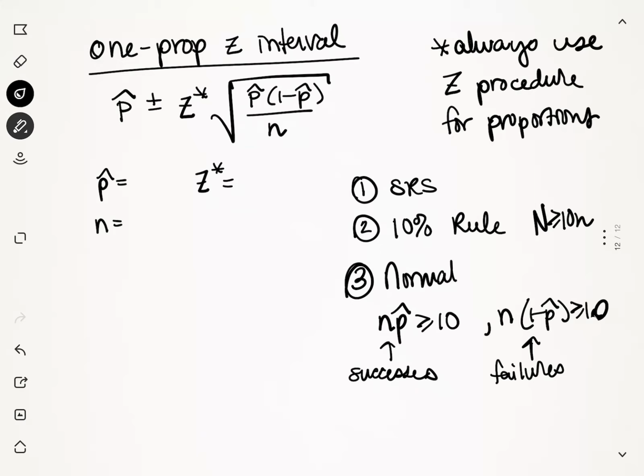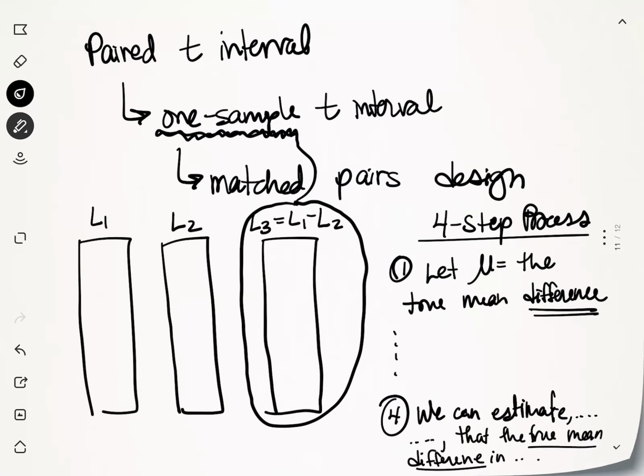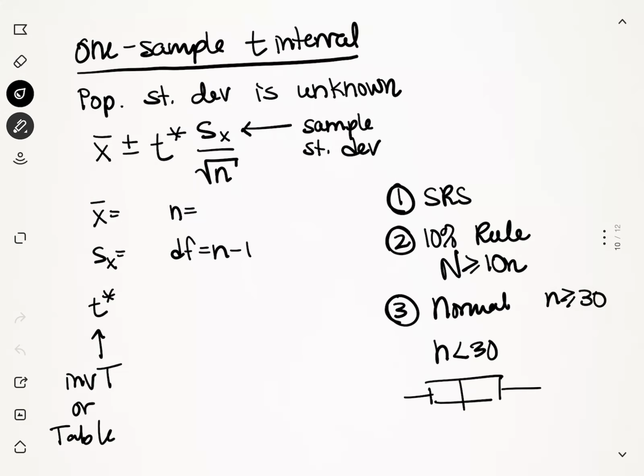When we check condition 3 here, if this condition is not met, like say for instance our successes are not greater than or equal to 10, there's no way to graph the data. So there's no way to get around this specific condition like there was a way to get around it if our normal condition wasn't being satisfied for a one sample T interval.